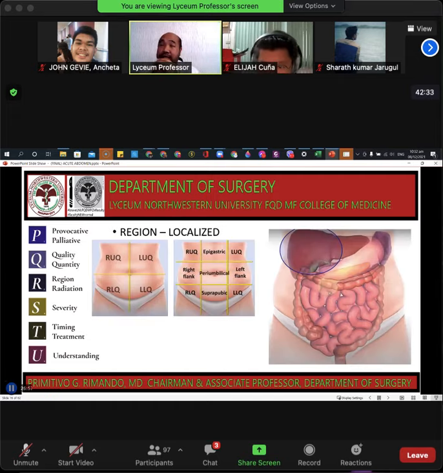Region. Of course, you have to ask, where does it hurt? We have been taught either the four quadrants or the nine regions. For pediatric patients, the four quadrant would be more practical because the patients still have a very small abdomen.